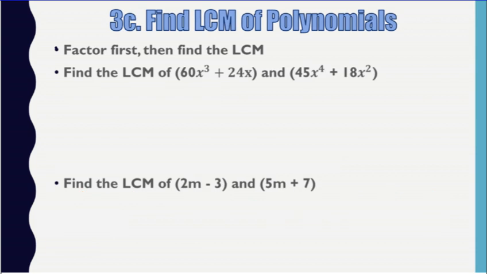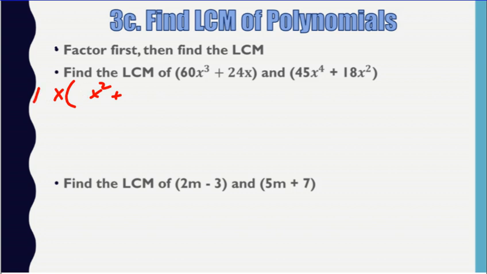Next one, find the least common multiple of these two. So factor out the biggest number I can take out of 60 and 24, which would be 6. And I can take an x out as well. 60x cubed divided by 6x gives us 10x squared. Actually, I could take a 12 out.